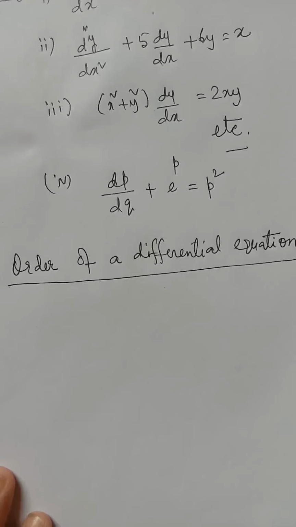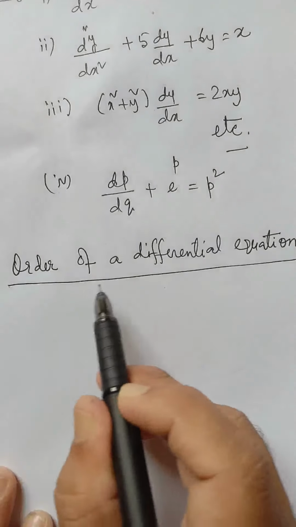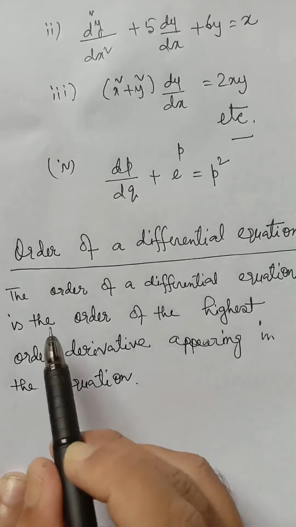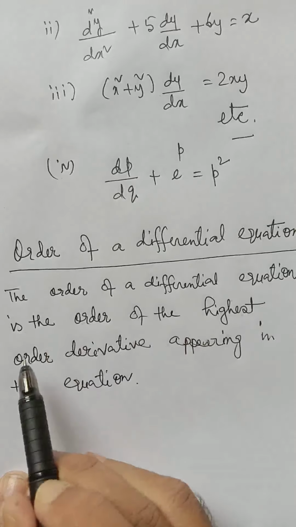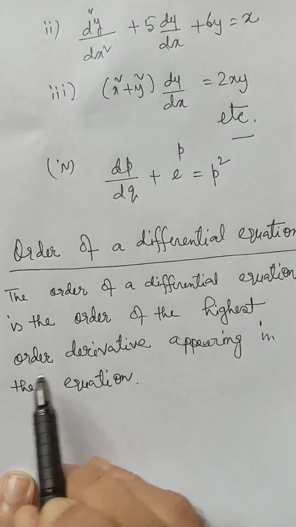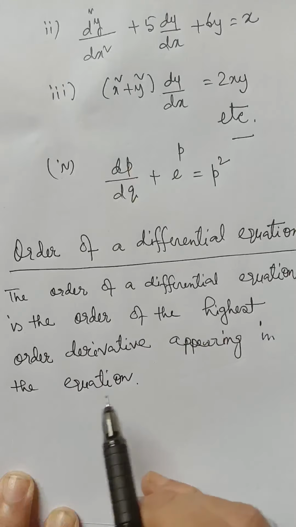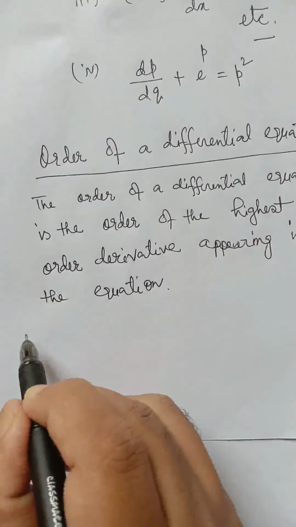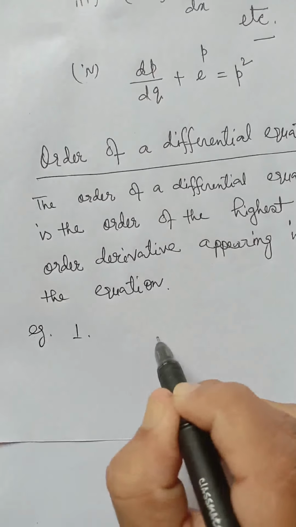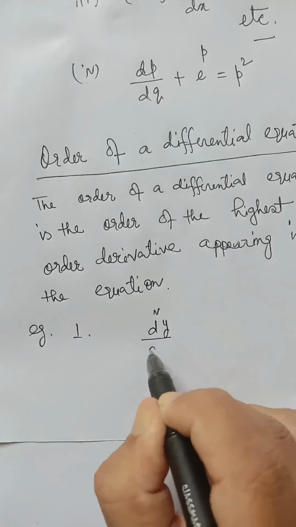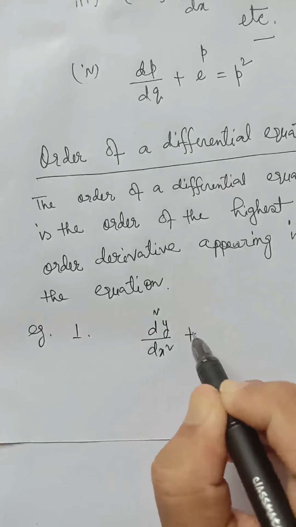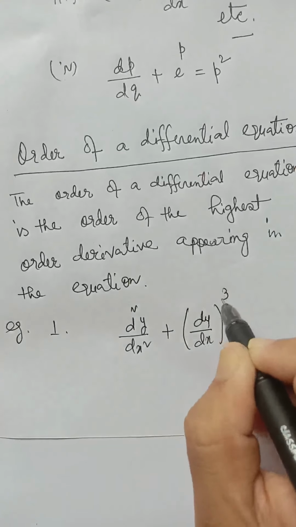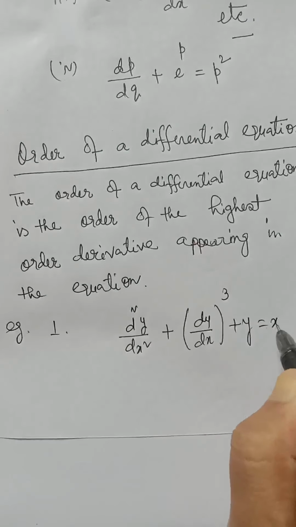Next, one important definition: order of a differential equation. The order of a differential equation is the order of the highest order derivative appearing in the equation. Let me explain this with an example. Suppose d2y by dx square plus dy by dx to the power 3 plus y is equal to x square.